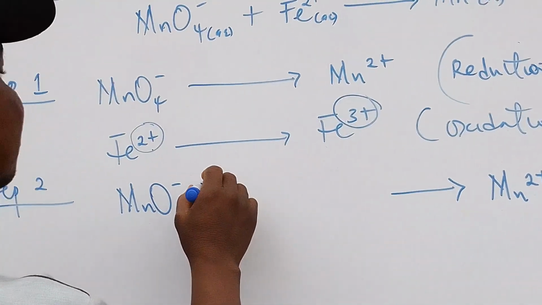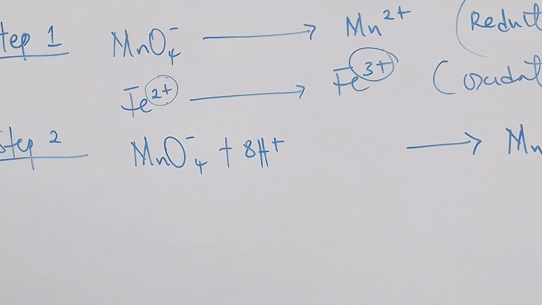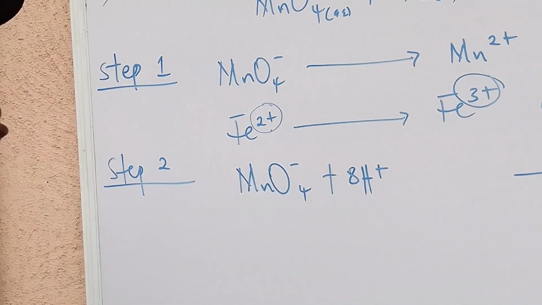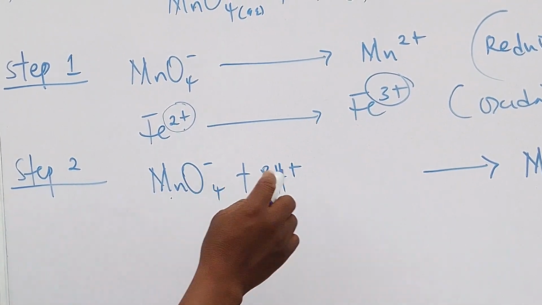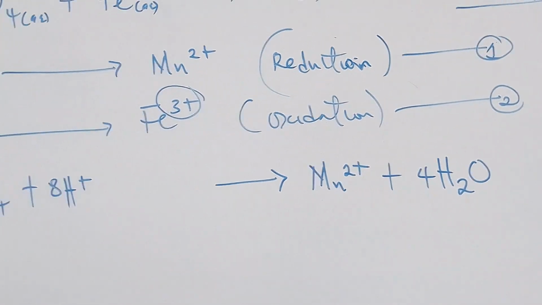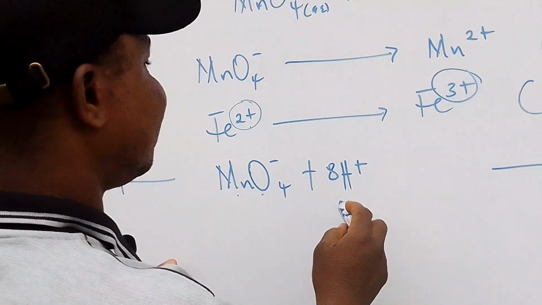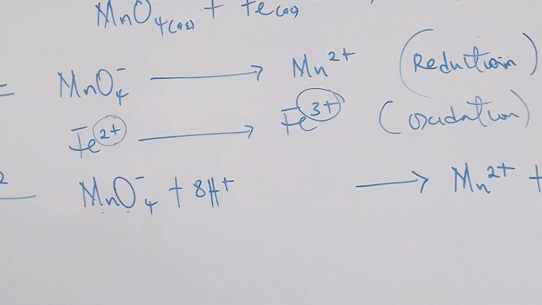So I want to bring in 8 hydrogen ions to the reactant side. Let's check the atoms again. Mn 1, Mn 1. Oxygen 4, oxygen 4. Hydrogen 8 and hydrogen 8. You can see it is balanced atomically.